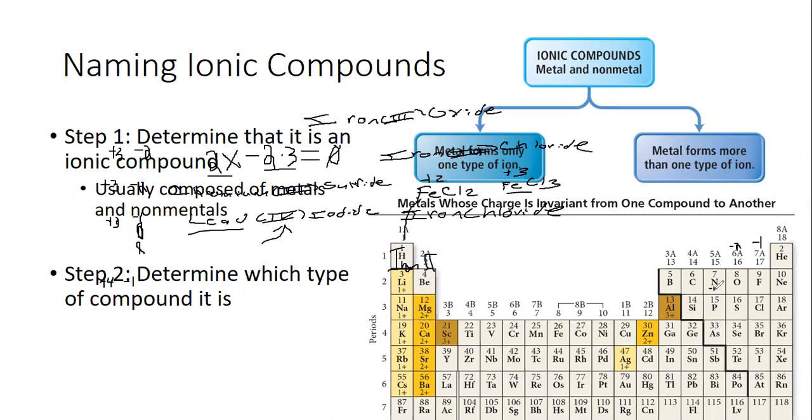Nitrogen, if it's in one of these, will be -3, but nitrogen's weird. But mostly, when we're talking about binary ionic compounds, we usually just use these nonmetals, sometimes nitrogen. But usually it's those. So as long as we know those charges, we can figure out the charge of any other metal.